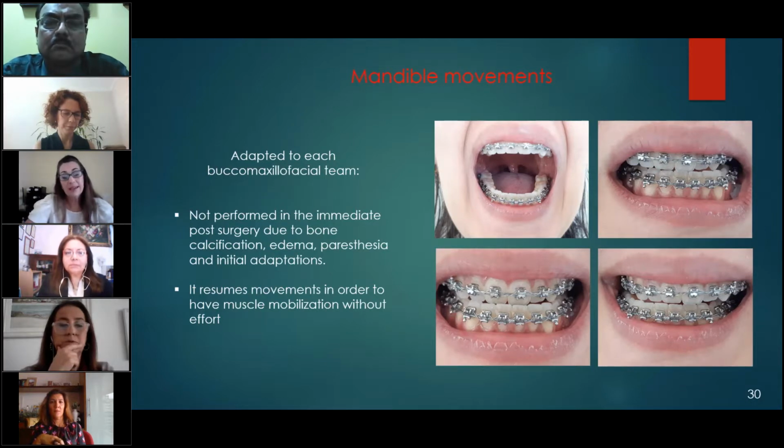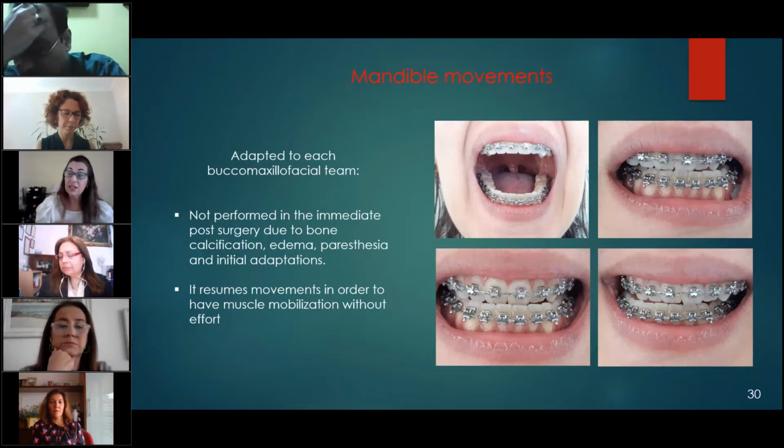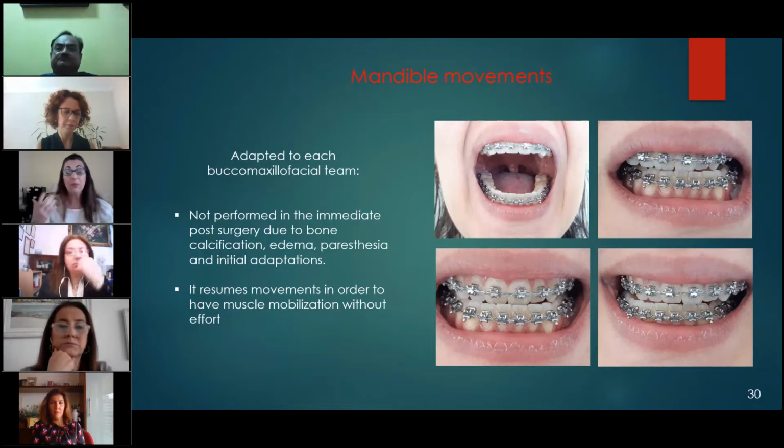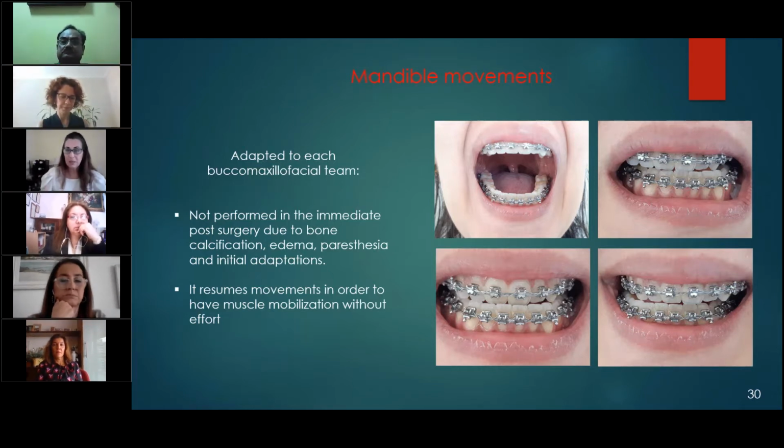There are teams that request immediate light mandibular movement, but the most common is to wait around 10 to 15 days after surgery. I need to prepare the musculature first, with more oxygenation and relaxation, to observe possible muscular compensation during the mandibular movements, muscle pain, or mandibular joint pain.